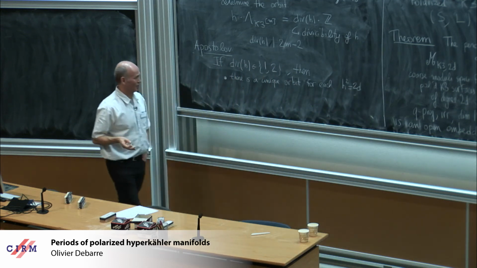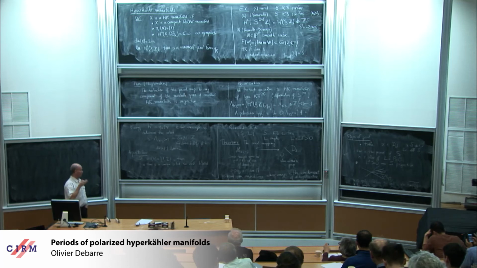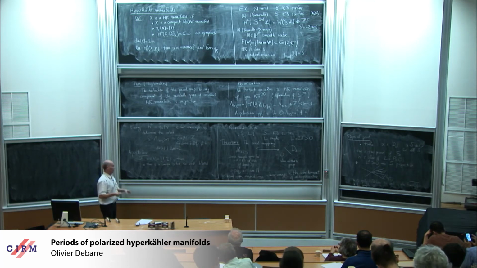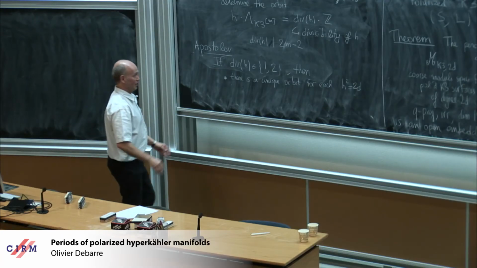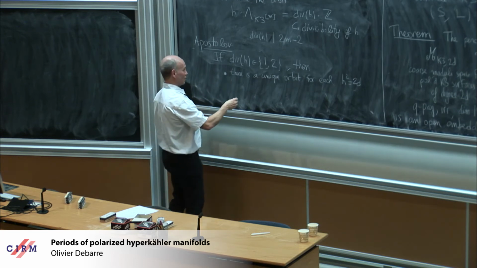This is not very well said, but what I mean is that if you fix the degree and the divisibility, you have a unique orbit. This is the lattice-theoretic thing, which is not too difficult to prove.